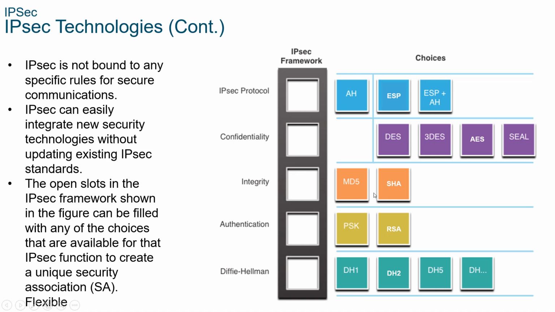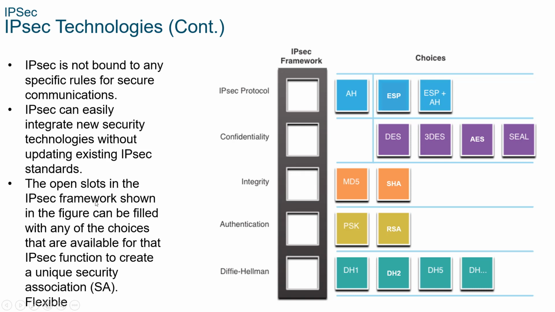So IPsec can easily integrate new security technologies without updating the existing IPsec standards. So let's say SHA comes out with a new version of SHA. No big deal, we just add it. And if I want to switch out the existing SHA, I can pull that out and plug a new one in. So the open slots in this framework can be filled with any choice that's available.